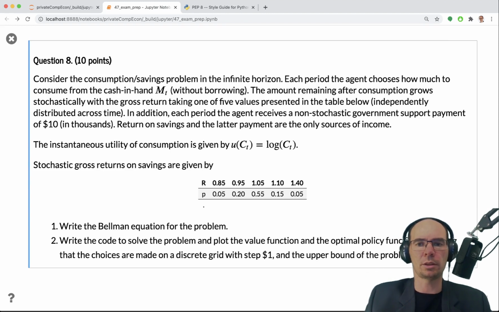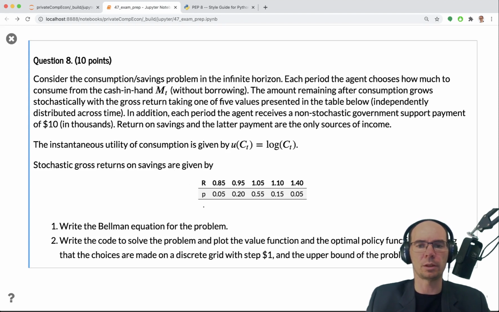Returns on savings and the latter payment are the only sources of income. So again, other than stochastic return, a standard model. The instantaneous utility of consumption is given by log utility. Fine, that's standard. And now stochastic gross returns on savings are given by a finite distribution, a discrete random variable.